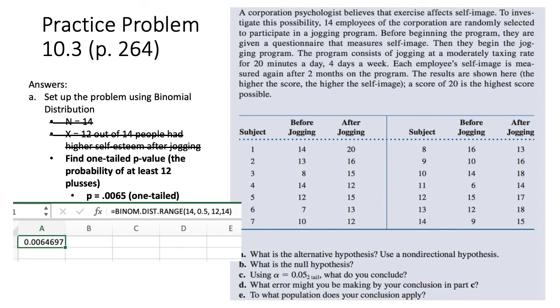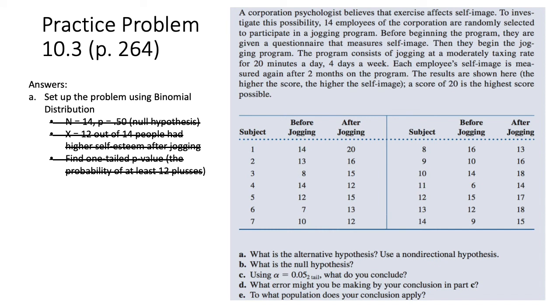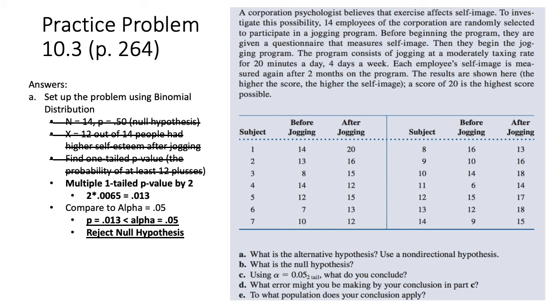And now our tail probability is the probability of at least 12 successes, so we put 12 in there all the way up to 14, and we return something we can round to a one-tailed p-value of 0.0065. Now we're not done.